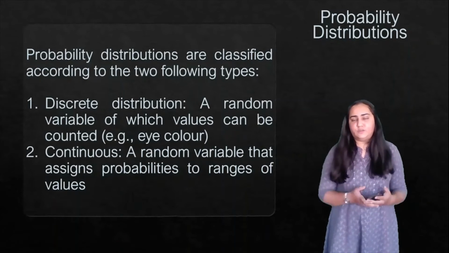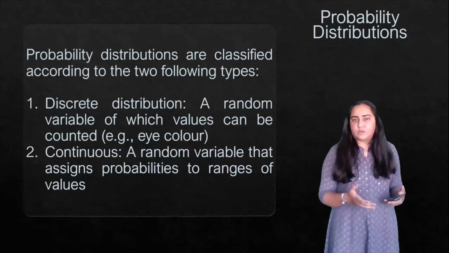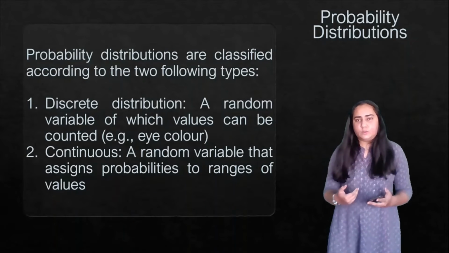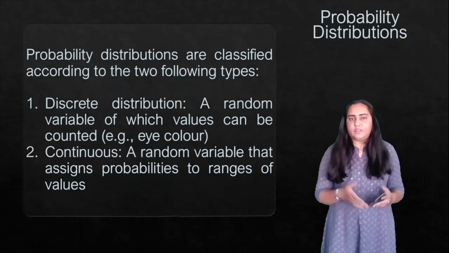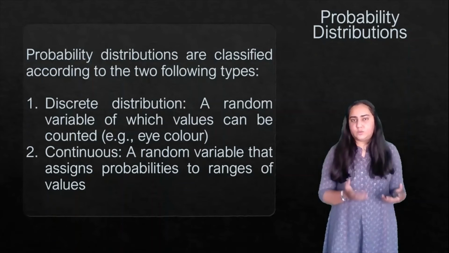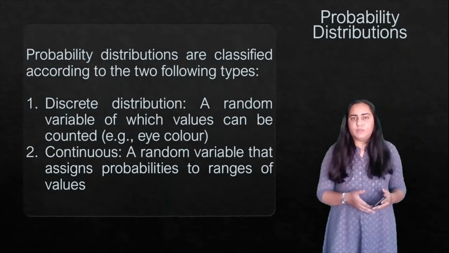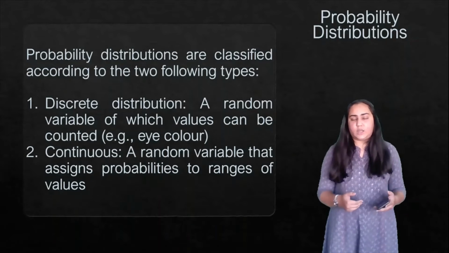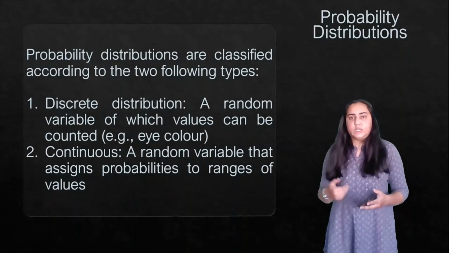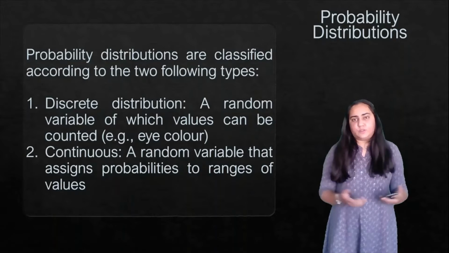If marks are out of 100, am I going to count how many got 1 mark, how many got 2 marks, how many got 3 marks? That doesn't make sense. So in that case, I would go with a continuous distribution where I would assign ranges. How many students got marks between 1 and 10? How many got between 10 and 20, 20 and 30? That makes more sense. So that would be continuous distribution.